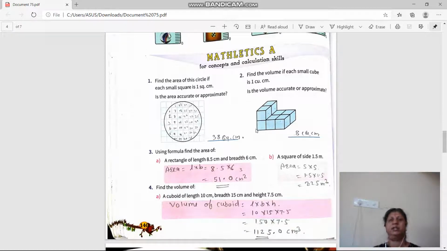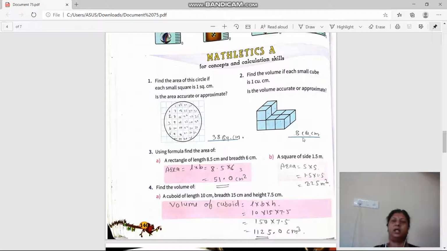Okay, next, find the volume of each small cube is 1 cubic centimeter. So is the volume accurate or approximate? So it is accurate, because it is an exact cube. 1 cube has exact 1 cubic centimeter volume. Okay, so 1 2, okay, below it 3 4 5 6 7 8.